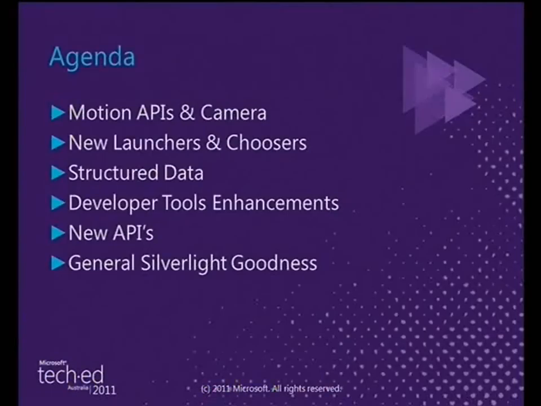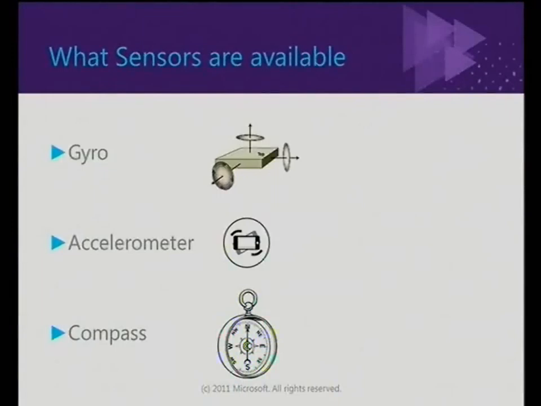Has anyone even tried to use the developer tools for the Fruit phones and the donuts? Yes? No? Subpar? Yep, MonoTouch? Yep, so you get to use Visual Studio in Android. Yep. One of the best development environments out there is Visual Studio. New APIs and general Silverlight goodness in the platform.